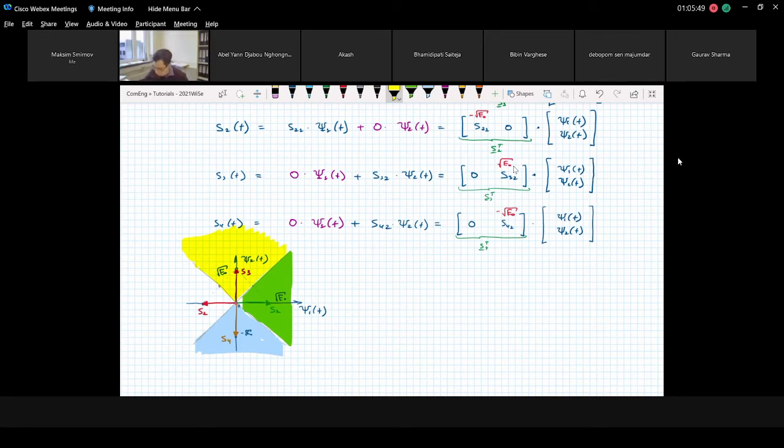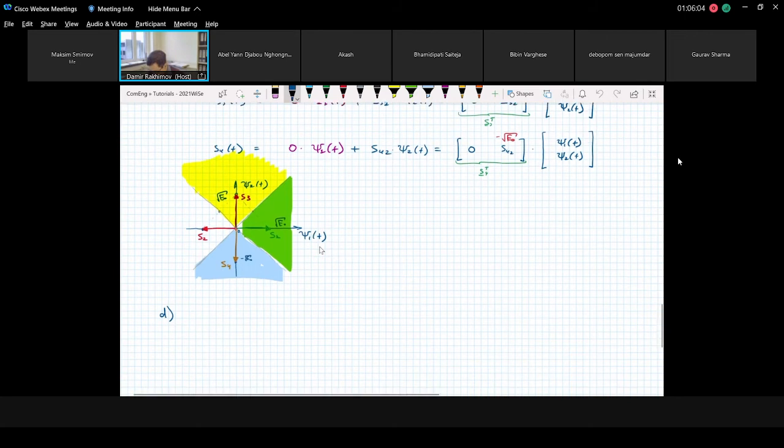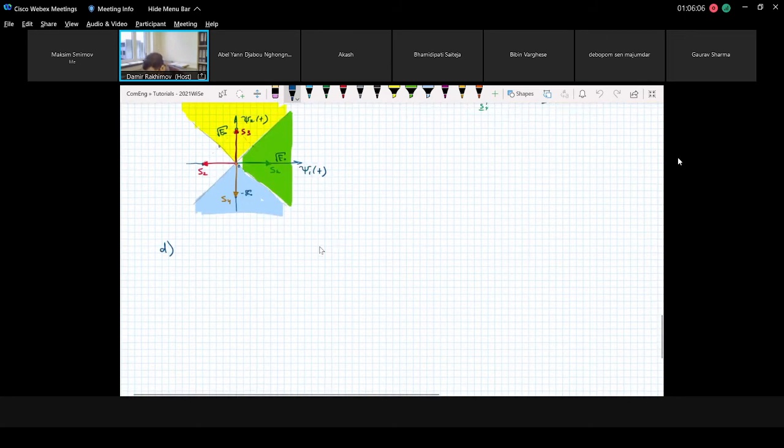Then for question D, sorry, before it was everything for C. Now for part D, I asked to find the Euclidean distance between different signal vectors. I will repeat the same diagram.